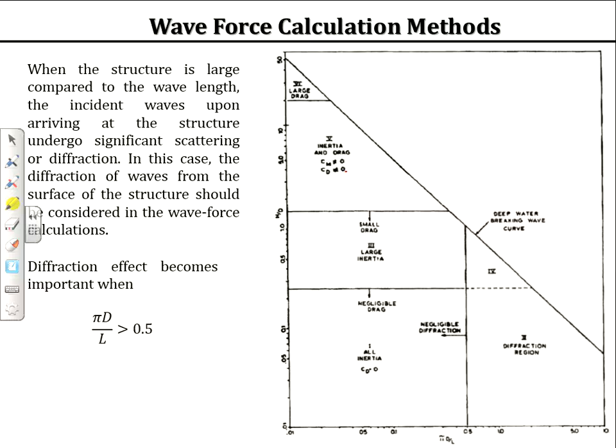In this figure, the x-axis is this criterion, pi D over L. The y-axis is the ratio of wave height H over pipe diameter. So when the wave has large wave height, that means large wave height. Do you remember?